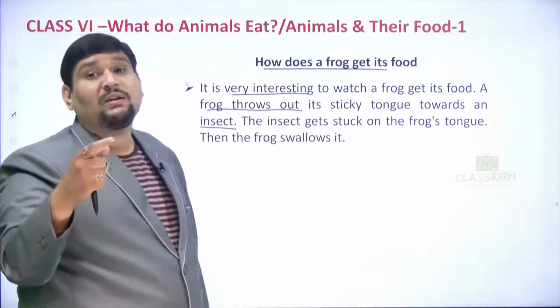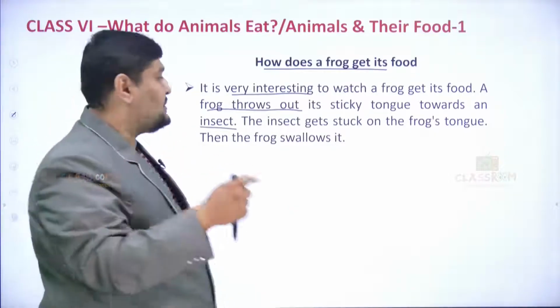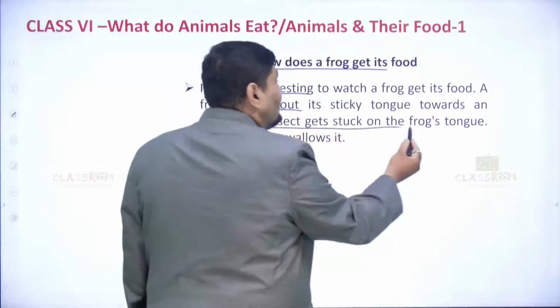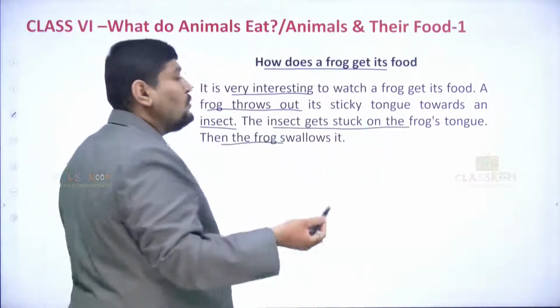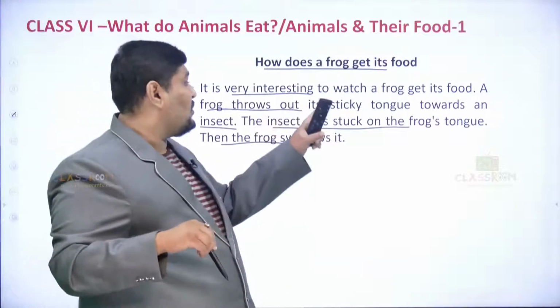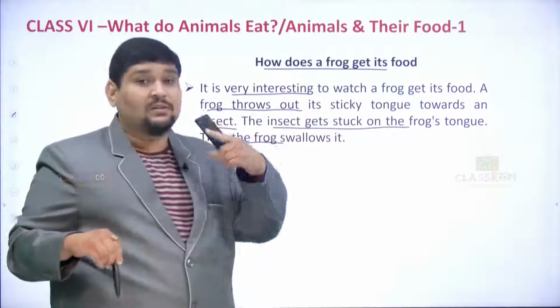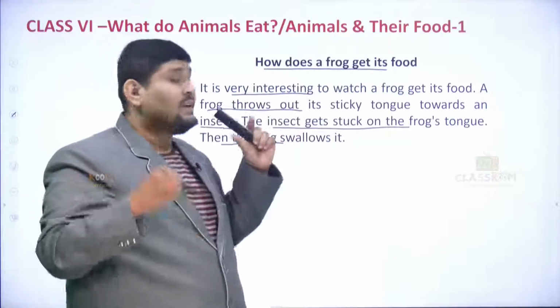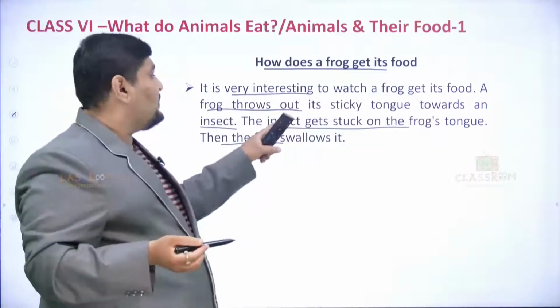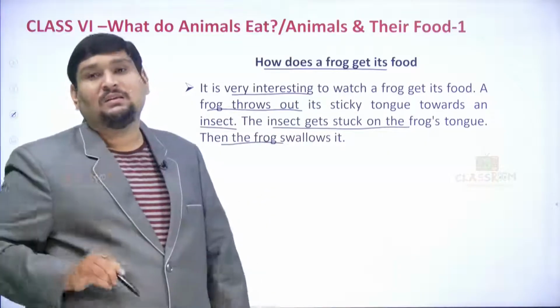It extends its tongue, the insect gets stuck on the frog's tongue, and then the frog swallows it immediately. So this is how a frog has its food.